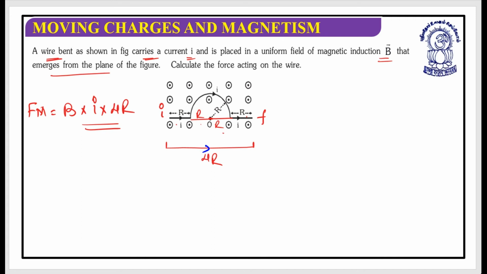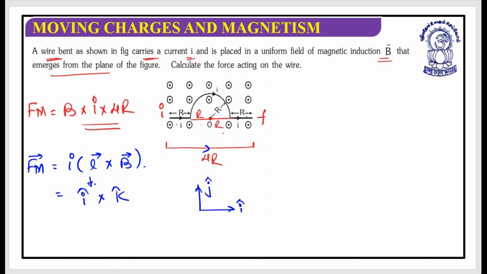So the magnetic force is Fm equals I into bracket L cross B. This L is in the i cap direction, and B is in the k cap direction. If we assume this is i, this is j, then the cross or dot could be plus k or minus k.